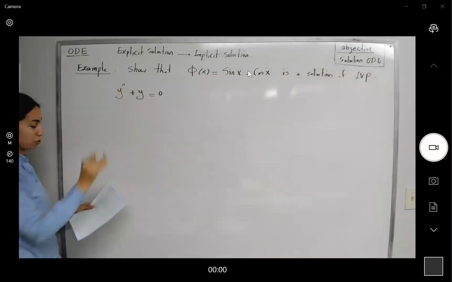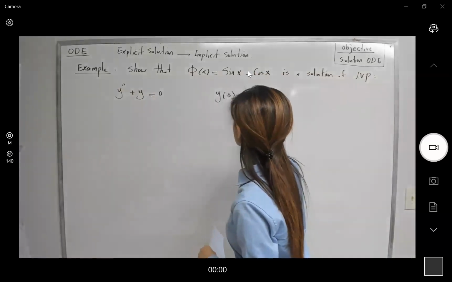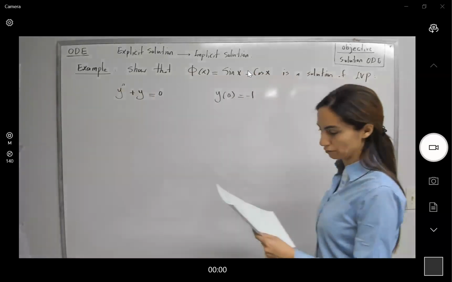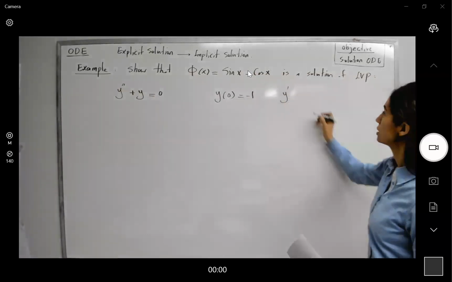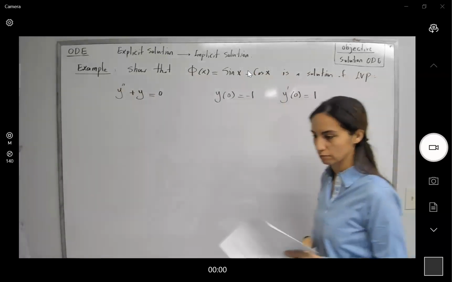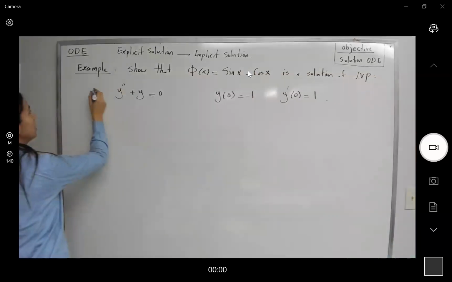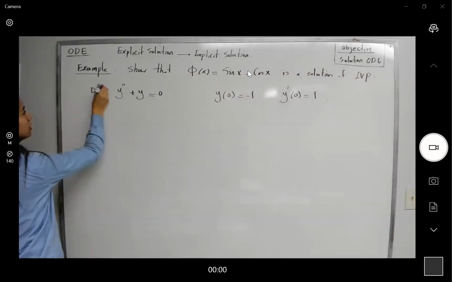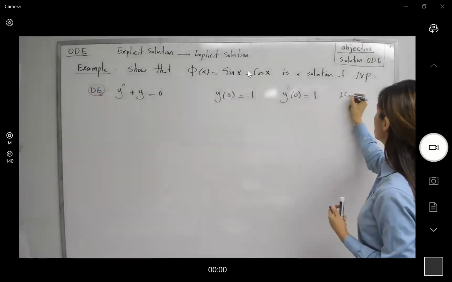This is our differential equation. And the conditions that we have are y at 0 must be -1, and the first derivative at 0 must be 1. So these are our initial conditions here. This is our differential equation, and these two are initial conditions.